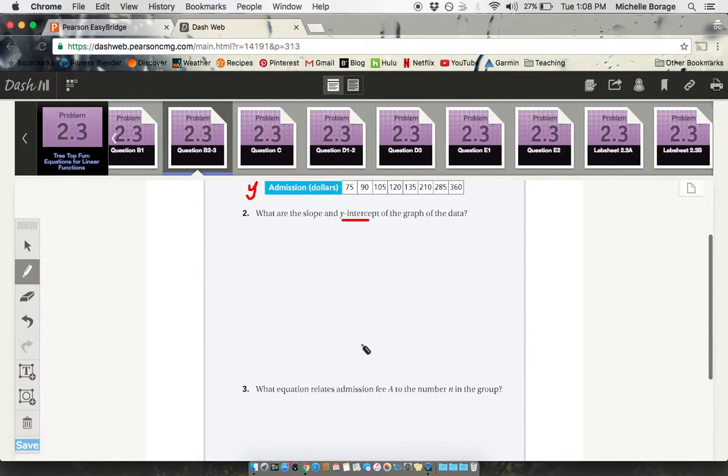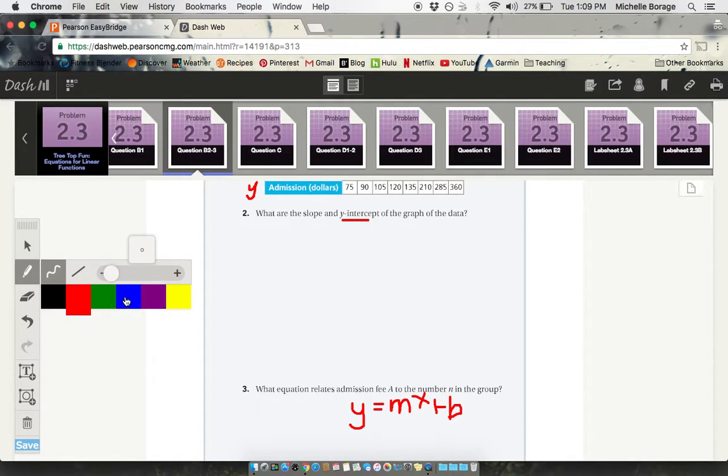And then on B3, I want you to write an equation that relates the admission fee A to the number n in the group. So on B3, usually when we write an equation, we plug our slope and our y-intercept in to y equals mx plus b. So now we're just changing the y and the x to fit our situation a little better.